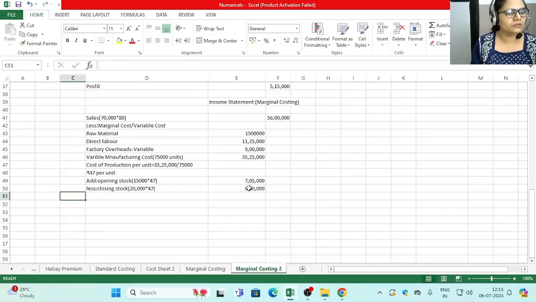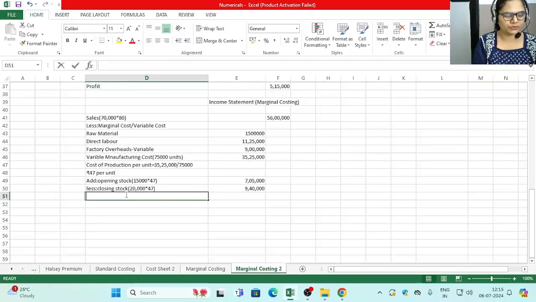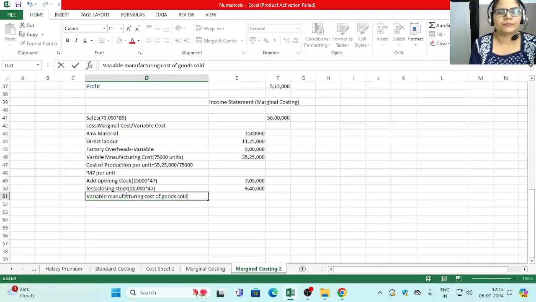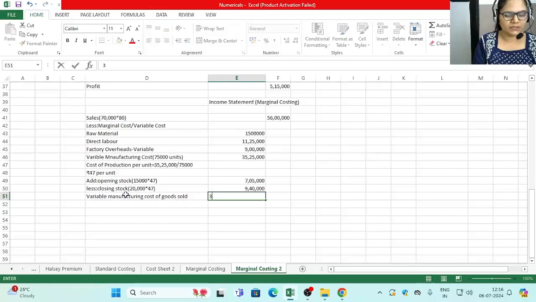So we will get variable manufacturing cost of goods sold. Cost of goods sold. It will be 32 lakh 90,000. Sorry, we need to mention it in a different column. 32 lakh 90,000.